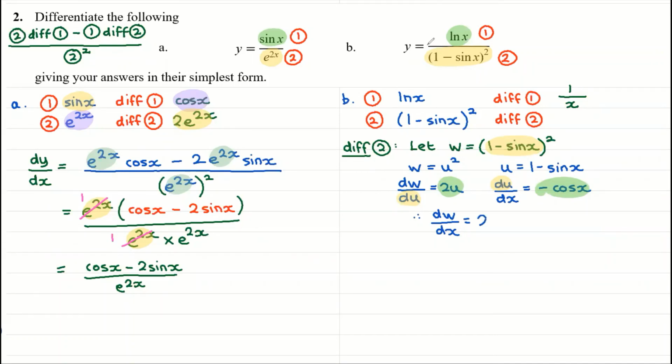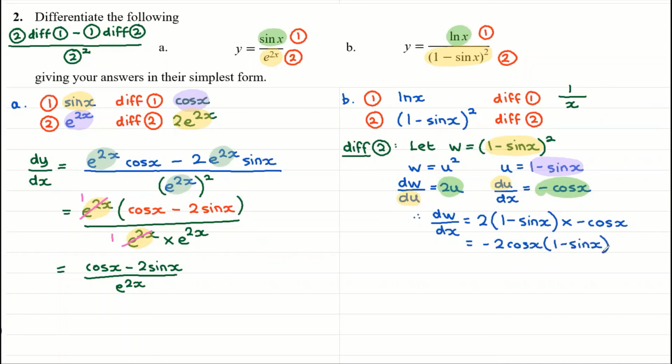So it's going to be 2. And then the u, of course, is 1 subtract sine x, which we can see here. So I'm going to replace the u with that, so everything is in terms of x. 1 subtract sine x. Okay. And then that's going to be multiplied by negative cosine x. So I'll just write that in a slightly better way. So this is going to be negative 2 cos x multiplied by 1 subtract sine x.